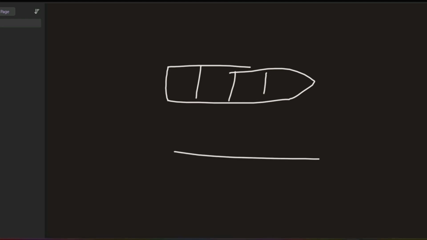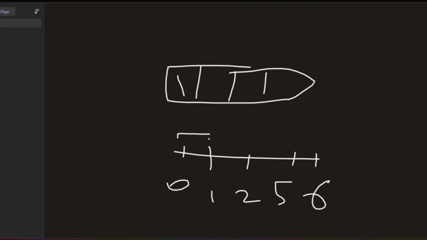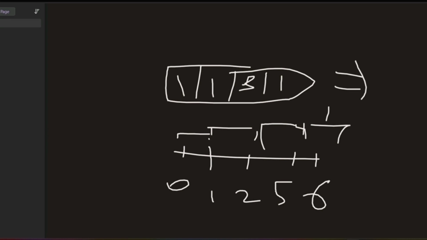Okay, look, first of all we will start from 0, we need to reach till 6. We have these points 1, 2 and 5. I will store the difference between these, it is 1. I will store the difference between these, it is again 1. I will store the distance between these, it is 3. I will store the distance between these, it is 1 times 2. Simply find the max and that would be my answer.